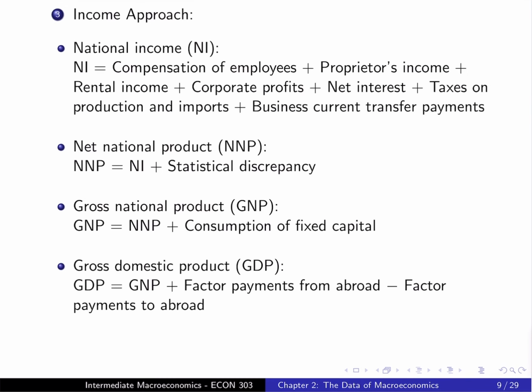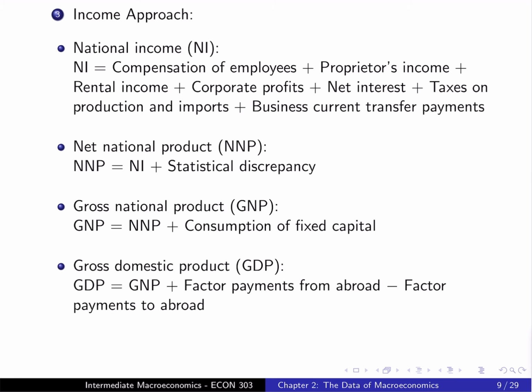Now let's examine the income approach, the third method used to measure GDP. This approach sums up all income earned by factors of production in the economy. National income, NI, is calculated as NI equals compensation of employees plus proprietors' income plus rental income plus corporate profits plus net interest plus taxes on production and imports plus business current transfer payments.